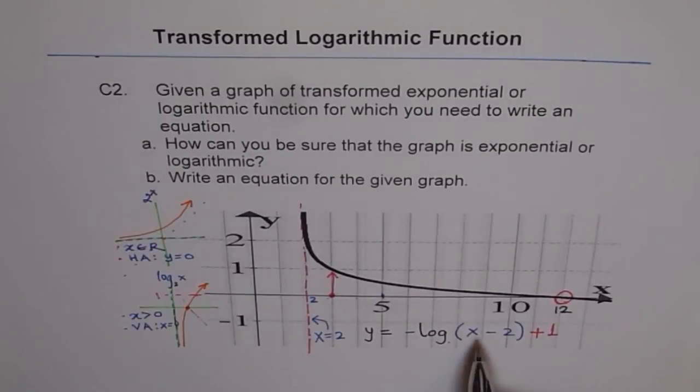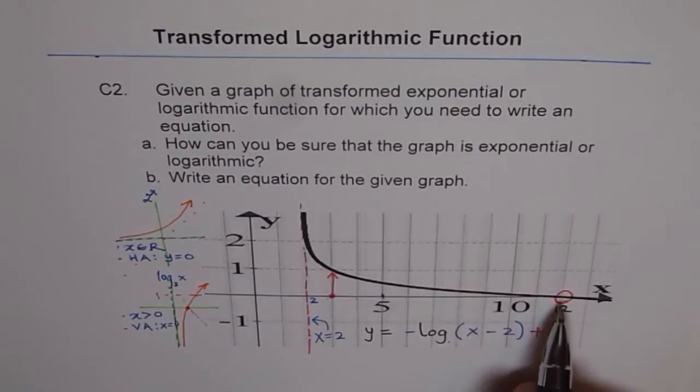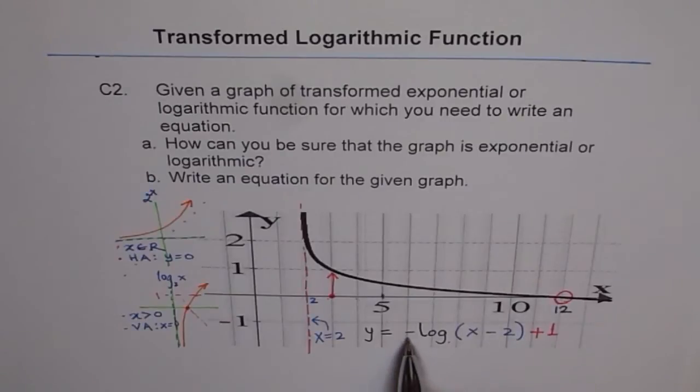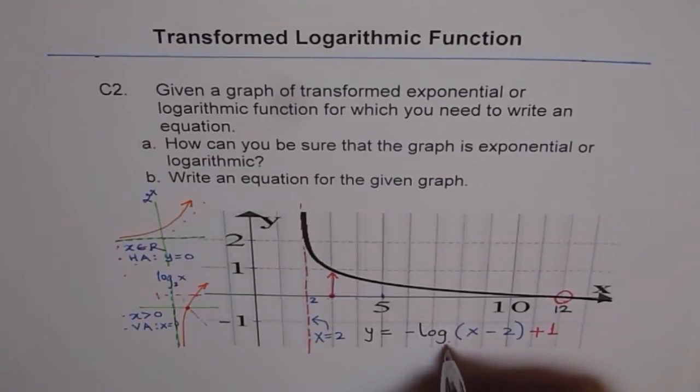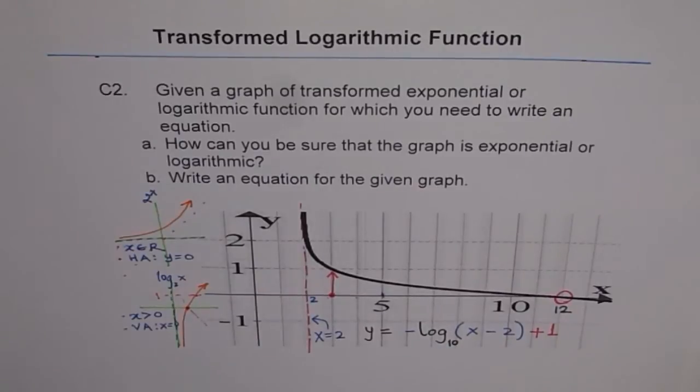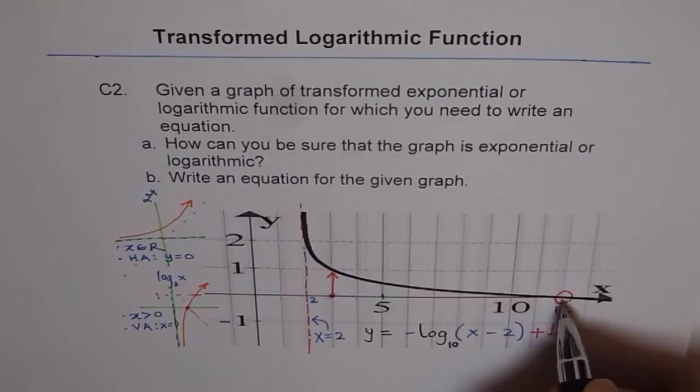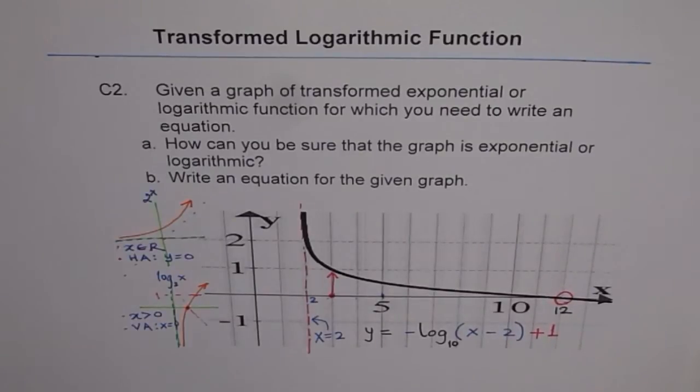Then if I put 12 here, what do I get? To get a 0, this should be 1, because minus 1 plus 1 will give me 0. Now 12 minus 2 is 10, log of 10 should be 1, and therefore my base should be 10. Do you understand? So this point confirms that my base is 10.